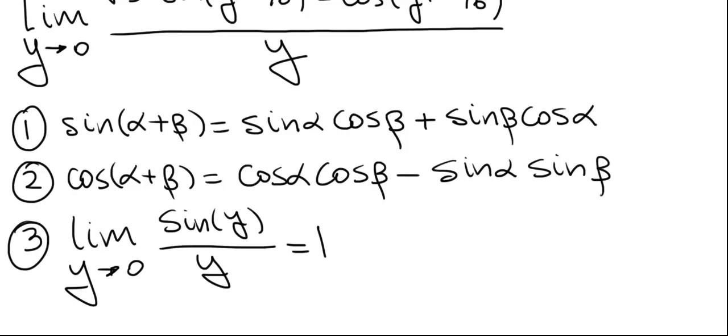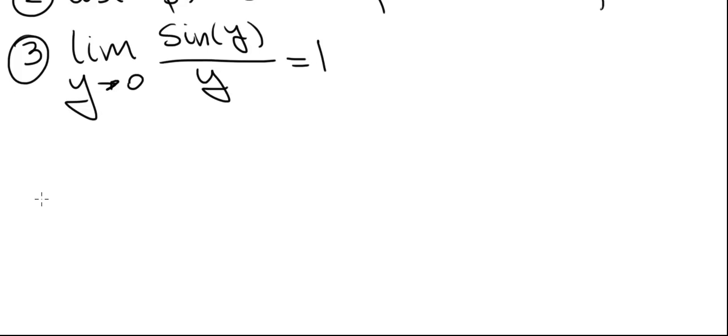So let's return to our limit, and first we're going to do the following. This is the limit as y approaches 0 of square root of 3 times sine of y plus pi over 6.